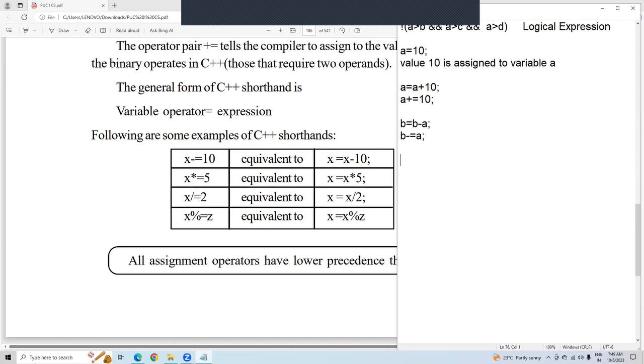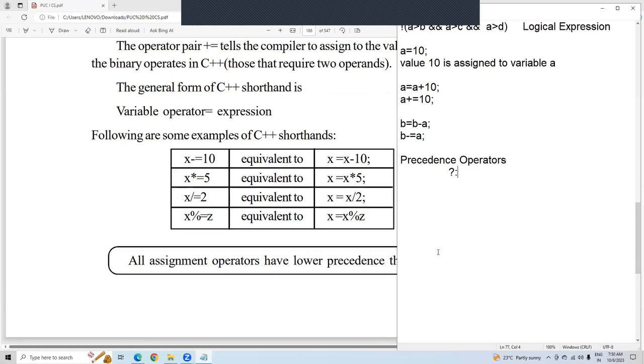In the same way, here in programming language, we have precedence of operators and associativity rules. So based on this precedence and associativity rules, the expressions or the equation will be evaluated. So they say that all assignment operators have lower precedence than the conditional operator.